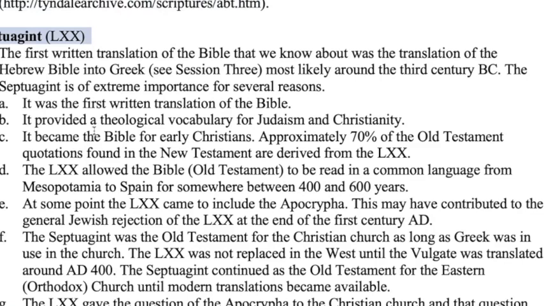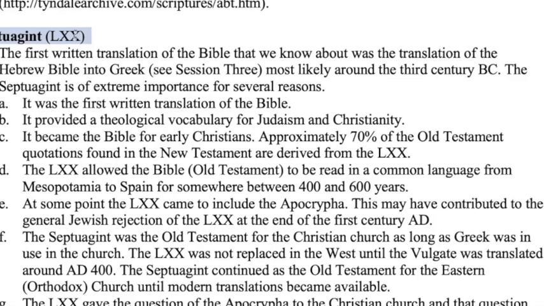And so Jews who spoke Greek could not read the Old Testament. There were a lot of them who lived in North Africa in the town called Alexandria, Egypt. And so this group of scholars, and the legend is that there were 70 of them, translated the Old Testament in 70 days from Hebrew into Greek.